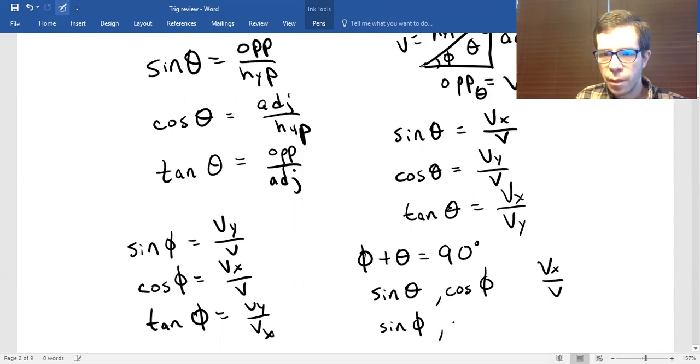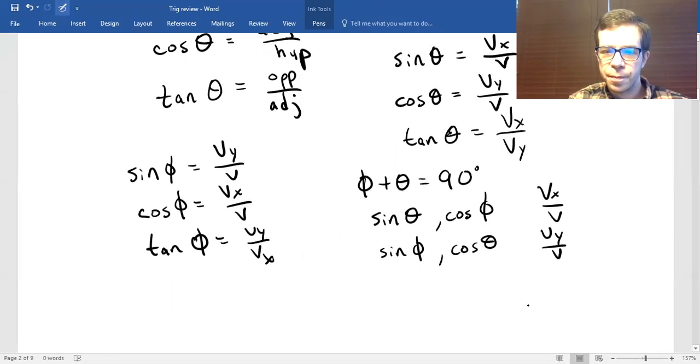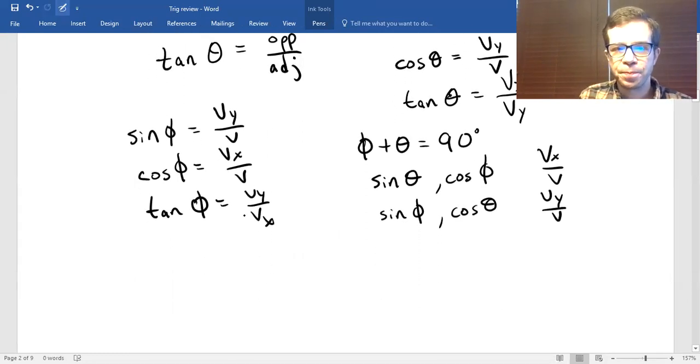Sine phi and cosine theta are the same thing. That's what complementary angles are. The sine of an angle is equal to the cosine of its complement, and vice versa.